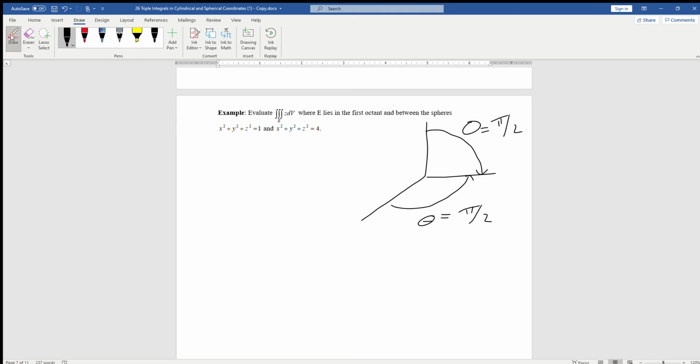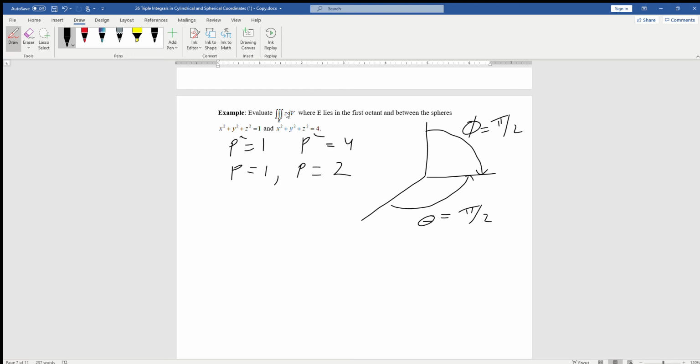Excuse me, I drew the variable incorrectly. All right, and then finally for rho, well, x squared plus y squared plus z squared is rho squared, so we get rho being bounded by 1 and 2. Since rho squared is going to be equal to 1 and 4 respectively, rho is going to be equal to 1 and rho is going to be equal to 2.